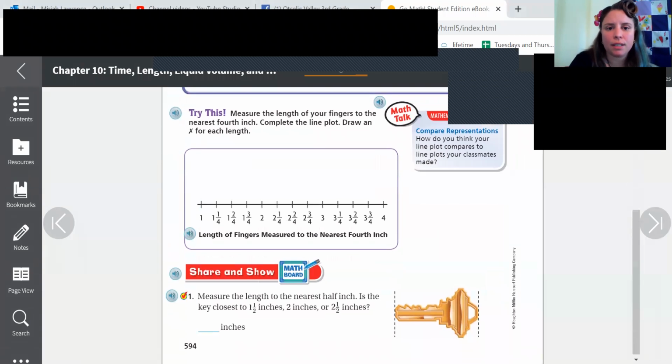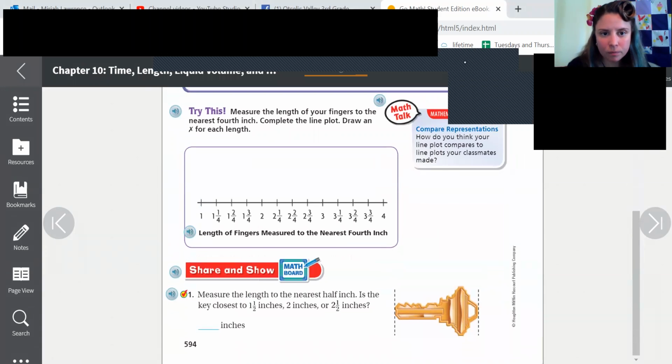All right, so you're doing the same thing here for try this. You're going to measure each one of your fingers, okay? From top until, what's it say? It doesn't say. So you're going to measure it to see how long it is. I have one finger that's 3.